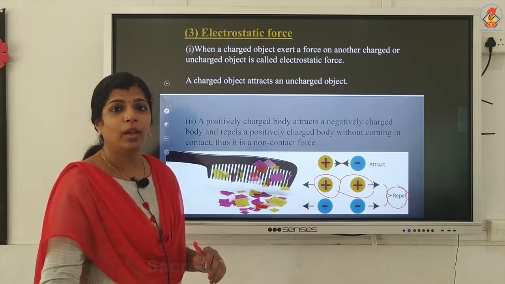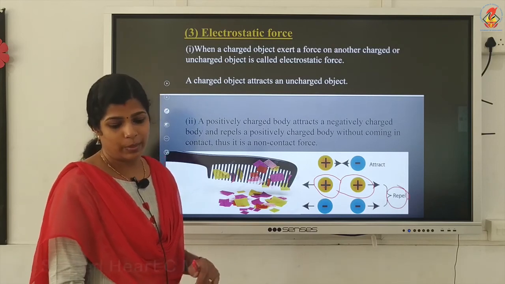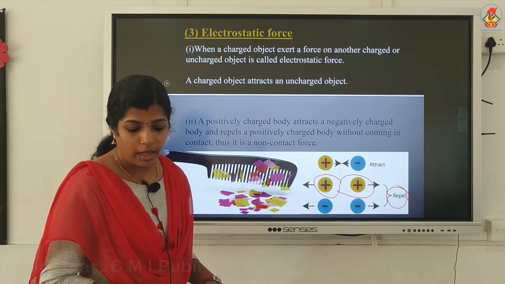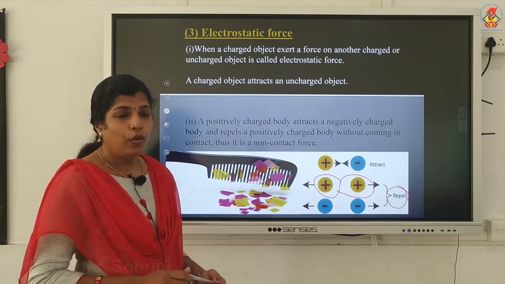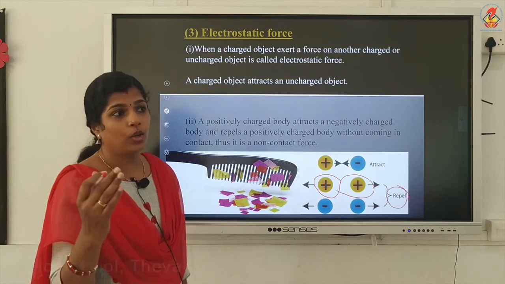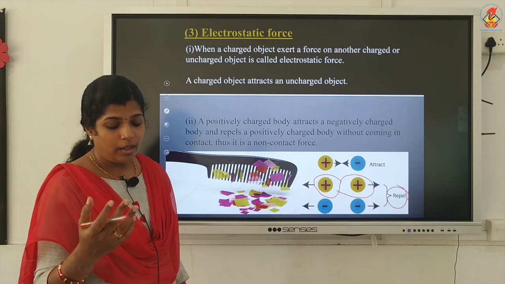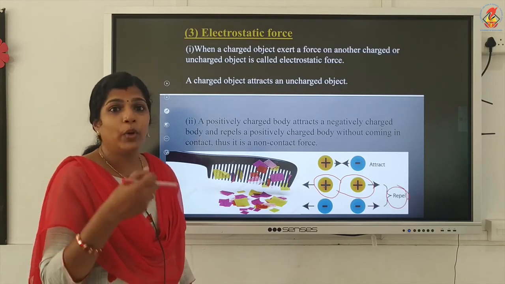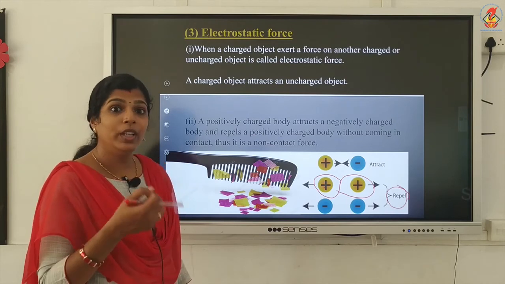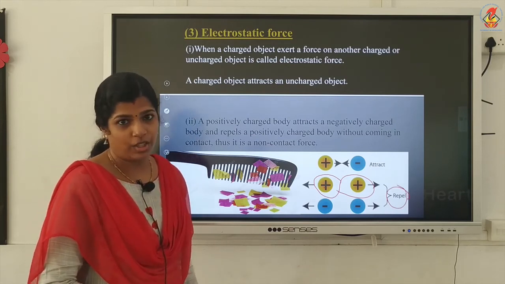It's because of the electrostatic force. When you rub the comb or the plastic scale in your hair, that comb or scale will get charged.